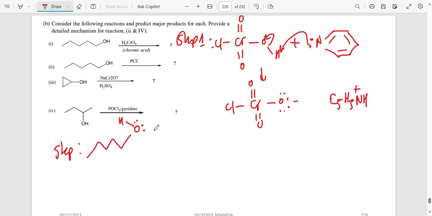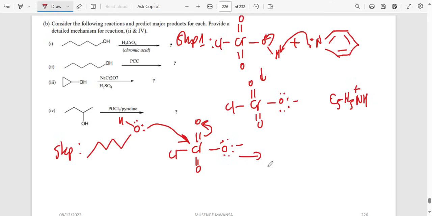So this oxygen is going to be able to attack the chromate there, double bond with oxygen, and then an oxygen which has a negative, and then a Cl. So this one attacks. The mechanism is basically the same for everything. So please, you need to know PCC.